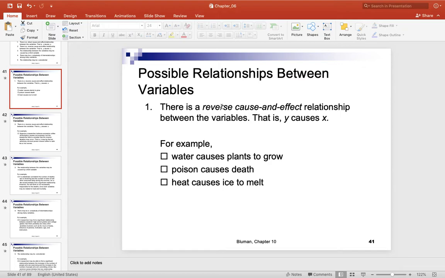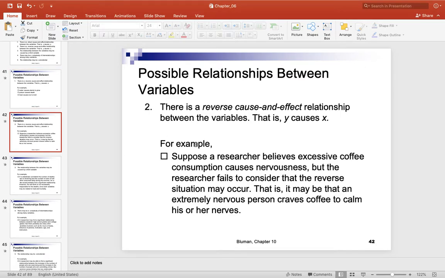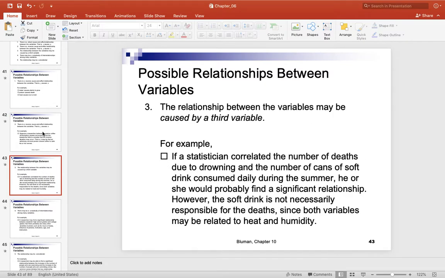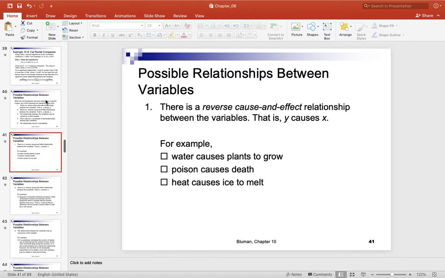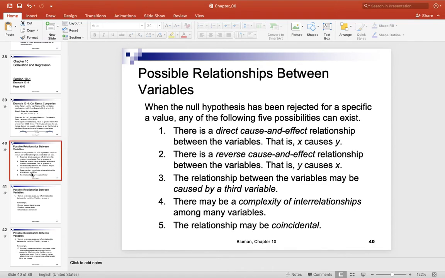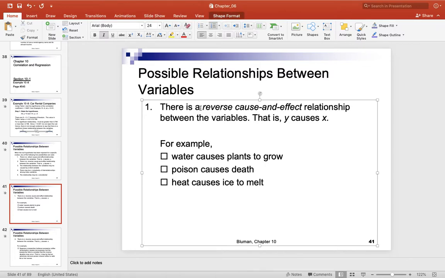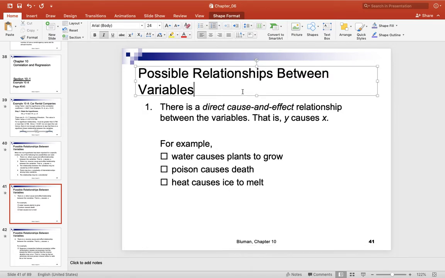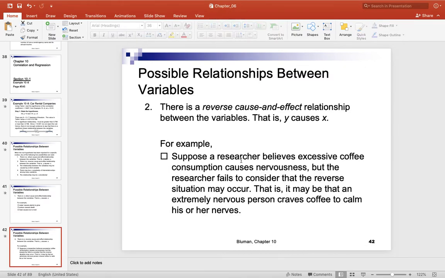Sorry, these are not reverse cause and effect. These are direct cause and effect. Let's take note, these are direct.